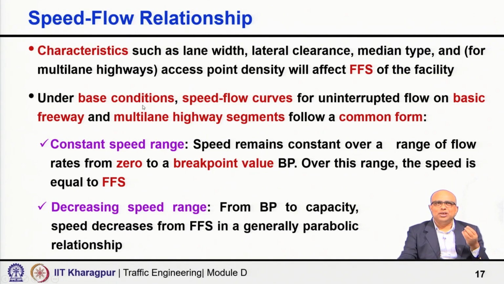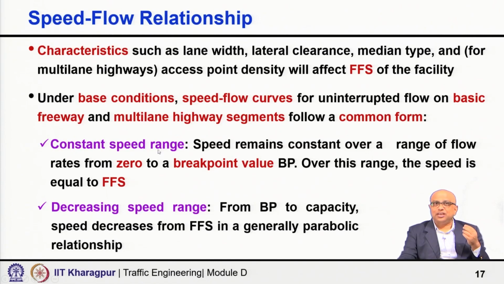So, under base condition, speed-flow curves for uninterrupted flow on basic freeway and multi-lane highway segments follow a common form. Three segments we get. I discussed this somewhat earlier also in another module, module B or C. Want to mention to you once again.